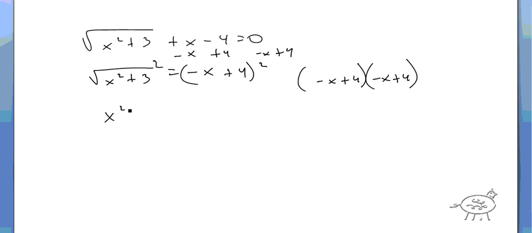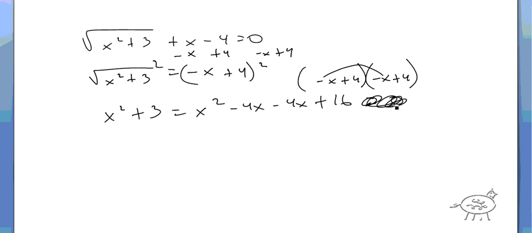So you get x squared plus 3, which is what happens when you square a square root. And then if I FOIL that, negative x times negative x is positive x squared. Negative x times 4 is minus 4x. 4 times negative x is negative 4x. And last is plus 16. Equals x squared plus 3.